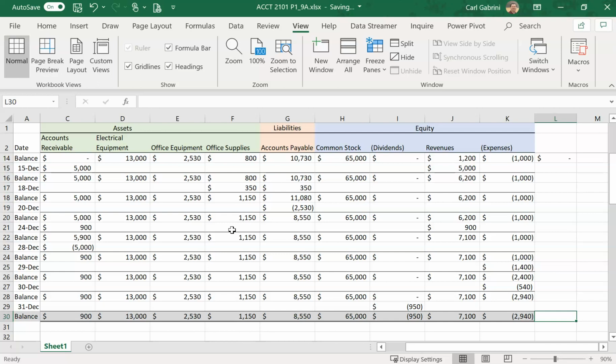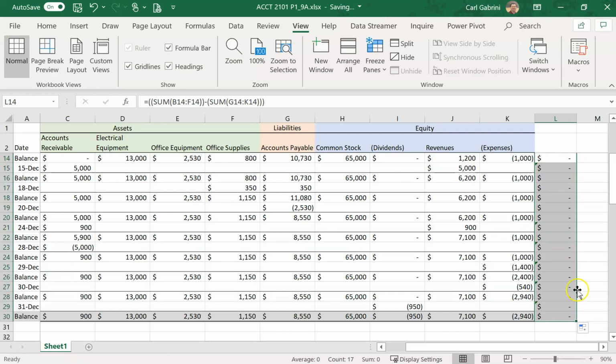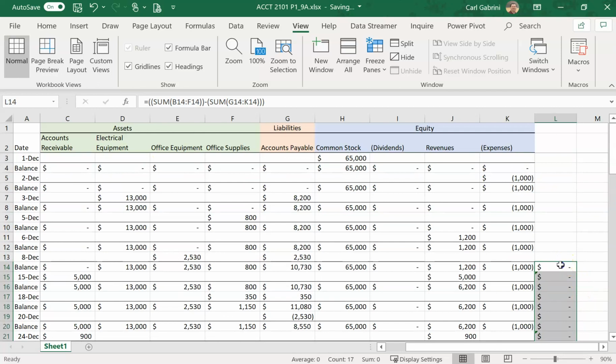And so now the second part of the problem says determine the company's net income. Well, we can do that right here, or we can do it right here, wherever you want. If you use this column here for this purpose, and again, what you can do, if you want to, you can kind of drag that down. It'll all be 0, right?